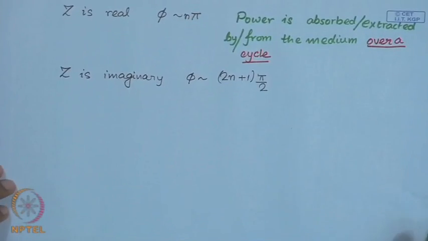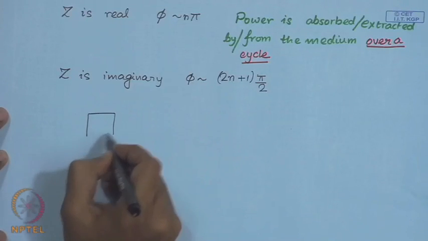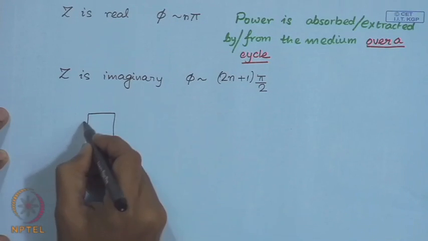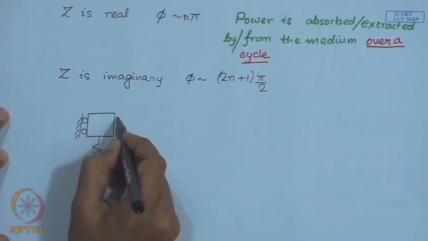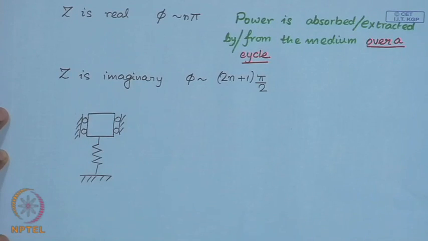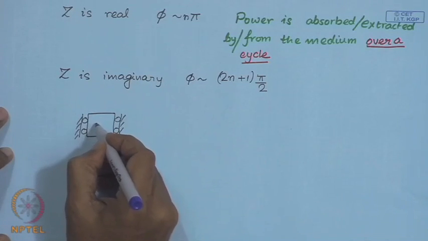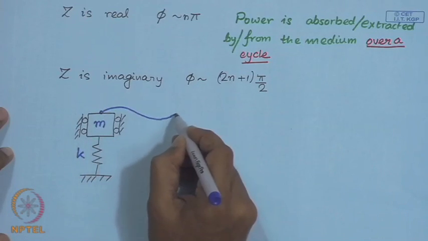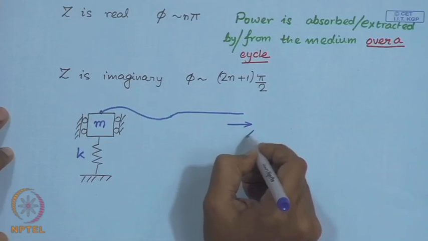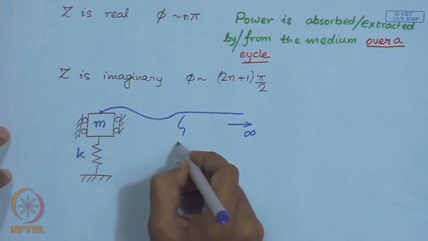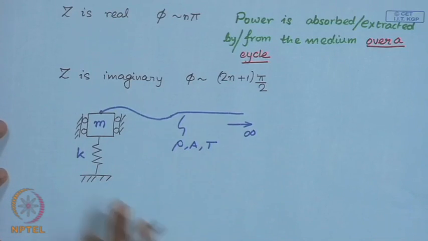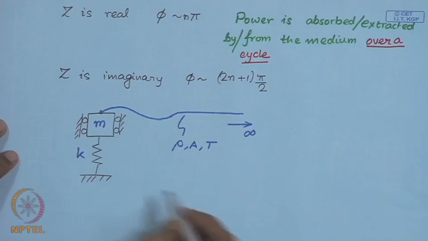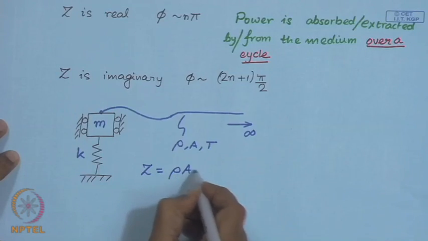So, now let us look at an example. Suppose you have a mass and a spring, and this is connected to a semi infinite string under tension T. Now, as the mass oscillates, as we have calculated, the impedance of this semi infinite string is rho A c.